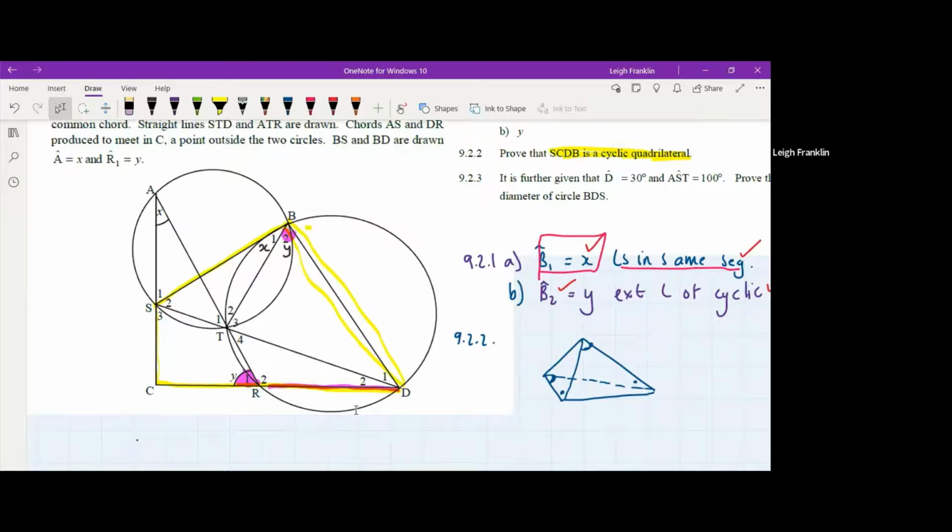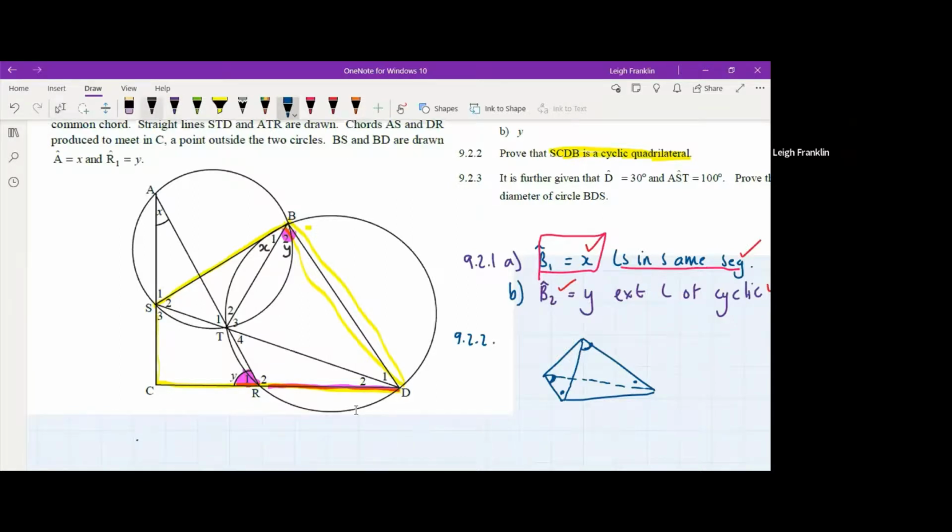A lot of the time in geometry, when they are asking you to prove things, look at the information above and say to yourself, well, what do I already have? What do I already know that could be useful to me in this particular case?